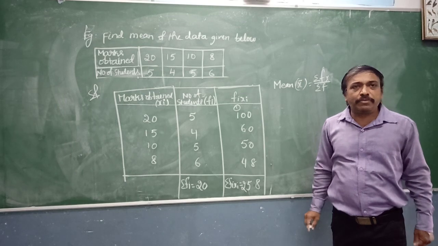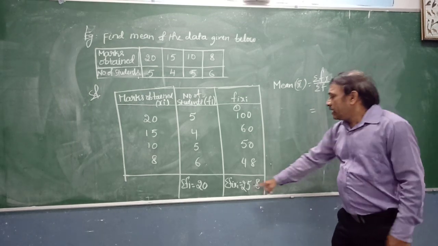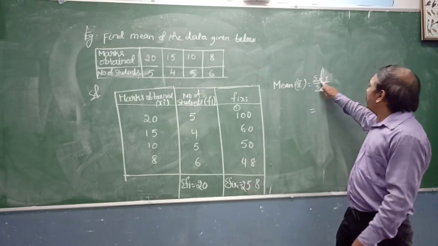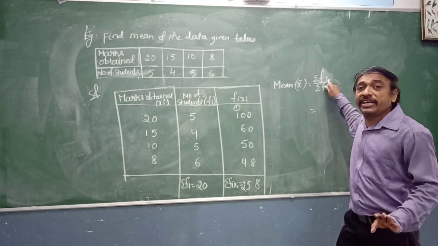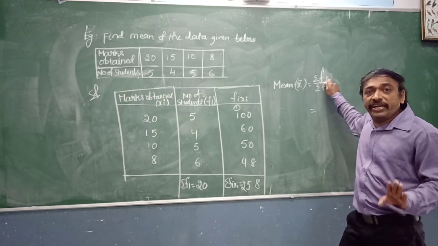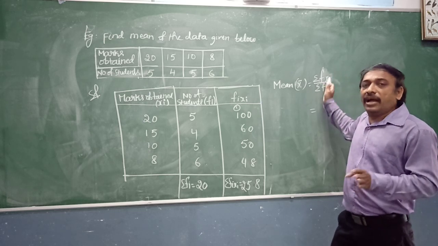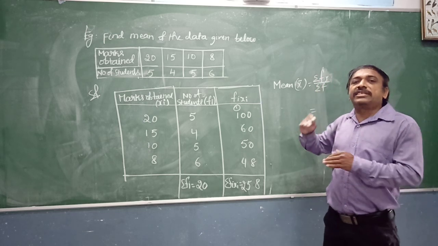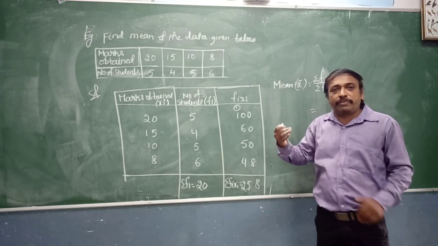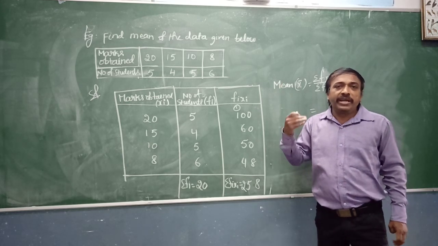Sigma fi xi and sigma fx are the same, do not get confused. Shortly we write sigma fx, and where we write i, it is to indicate from the initial value to the final value. That is the purpose we write sigma fi xi.